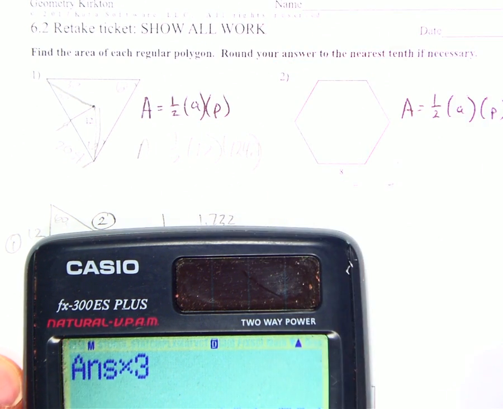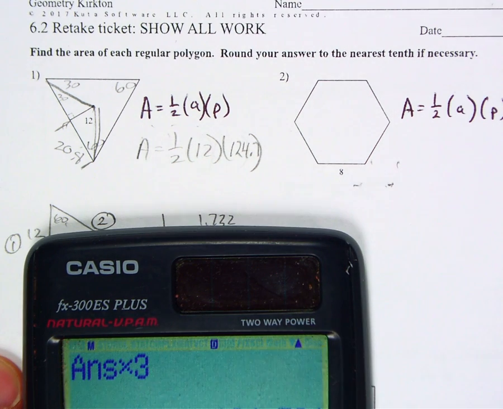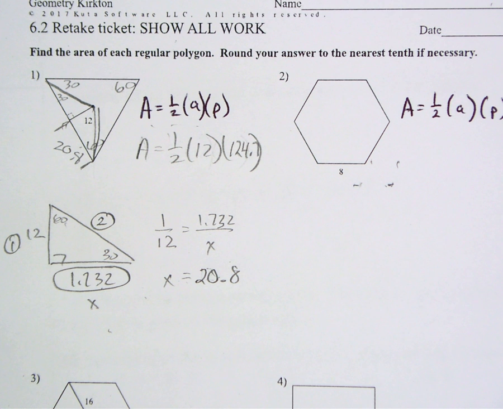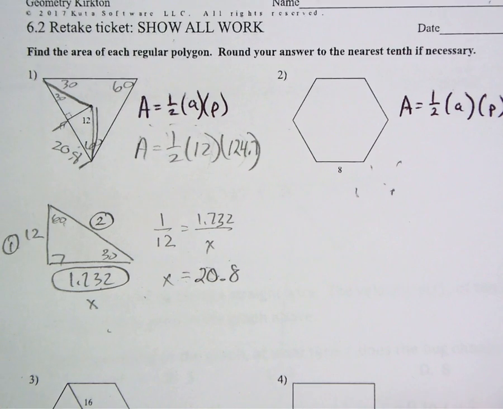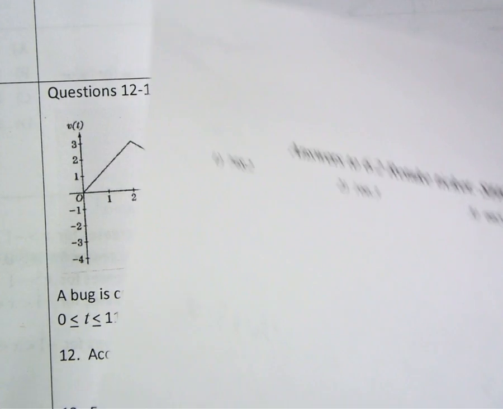This is my 1.732. And this is my 2. So 2 over 16 equals 1.732 over the apothem, that's the apothem, equals 1 over x. So you cross multiply, solve. You're dividing stuff by 2.